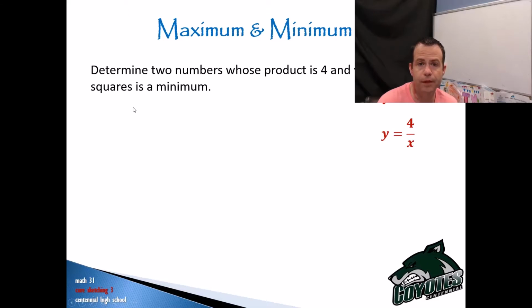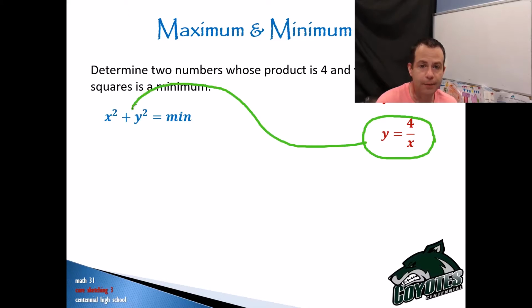Okay. Now I'm looking for numbers whose sum of squares is a minimum. So that would be x squared plus y squared equals some sort of minimum. Okay. Well, this is what I want one variable for, and this is why I just spent that time writing this in terms of y. I can now make that substitution in for this y here.